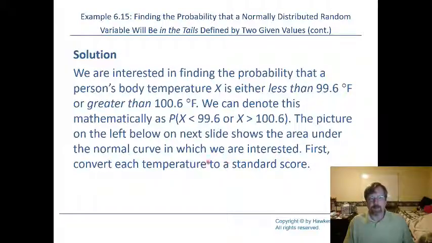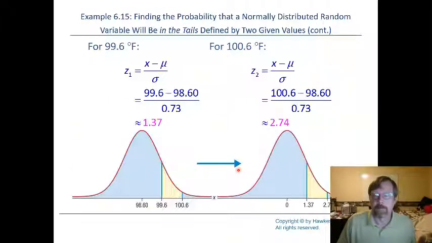Again, we need to convert those temperatures to z-scores if we want to use the tables or the norm.s.dist function in Excel. So we take the value we're interested in, we subtract off the mean, we divide by the standard deviation, we get the number of standard deviations away from the mean.